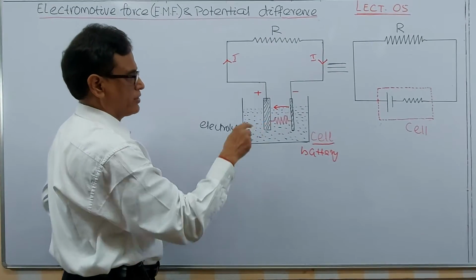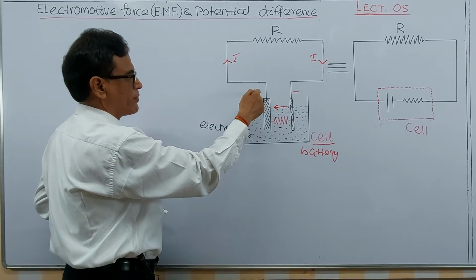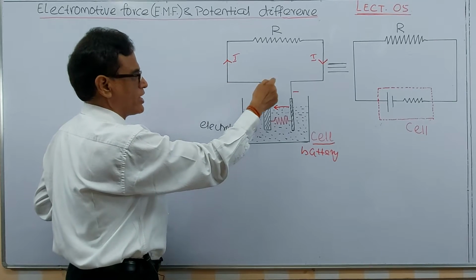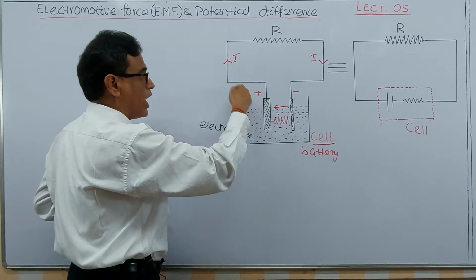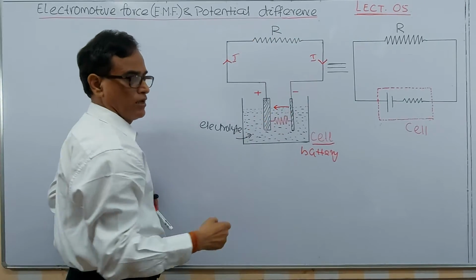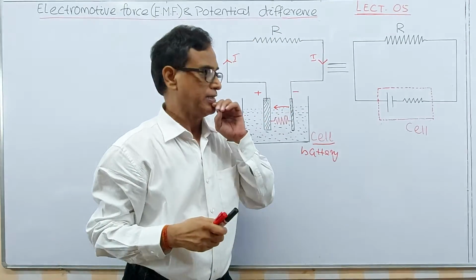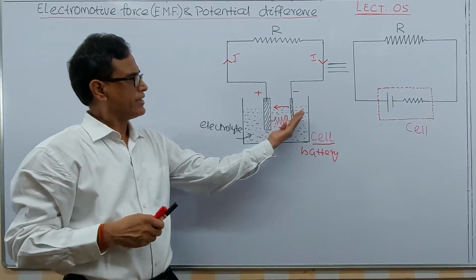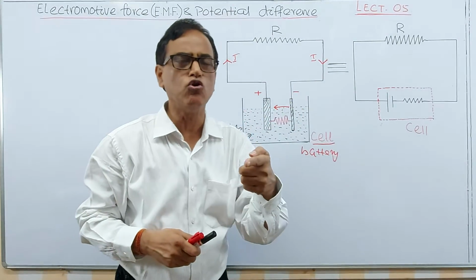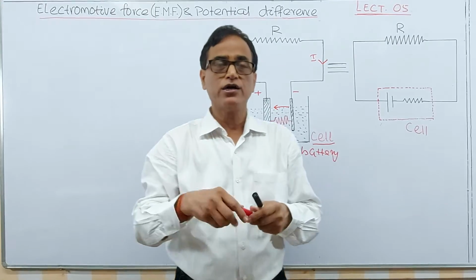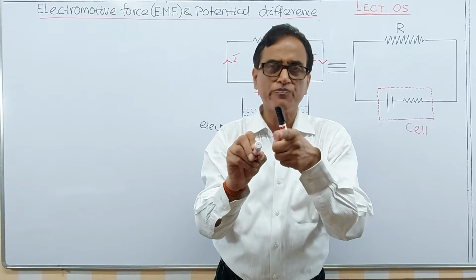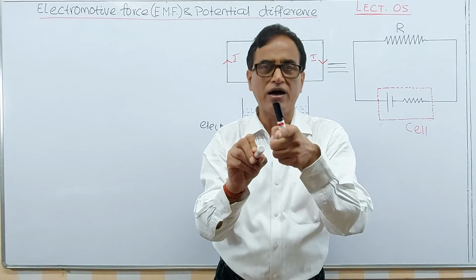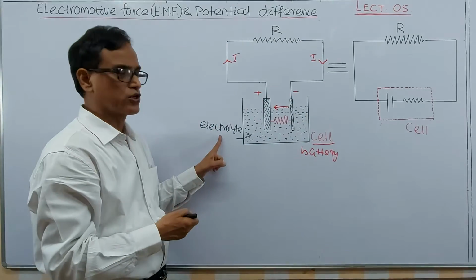Again, remember, this is a question: the current flows from the positive terminal towards the negative terminal outside the cell, and from the negative terminal towards the positive terminal inside the cell. Current flows through some via media, and the via media is the electrolyte.